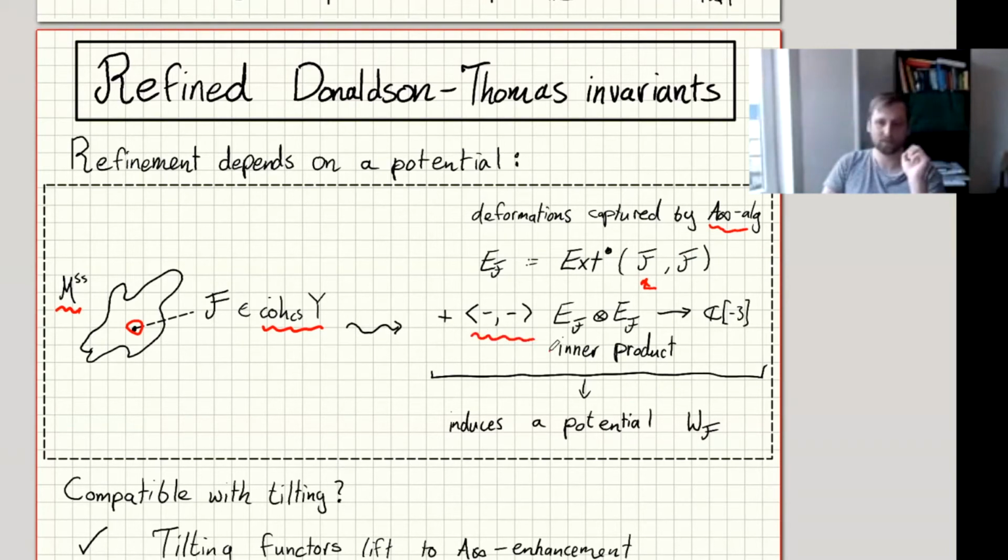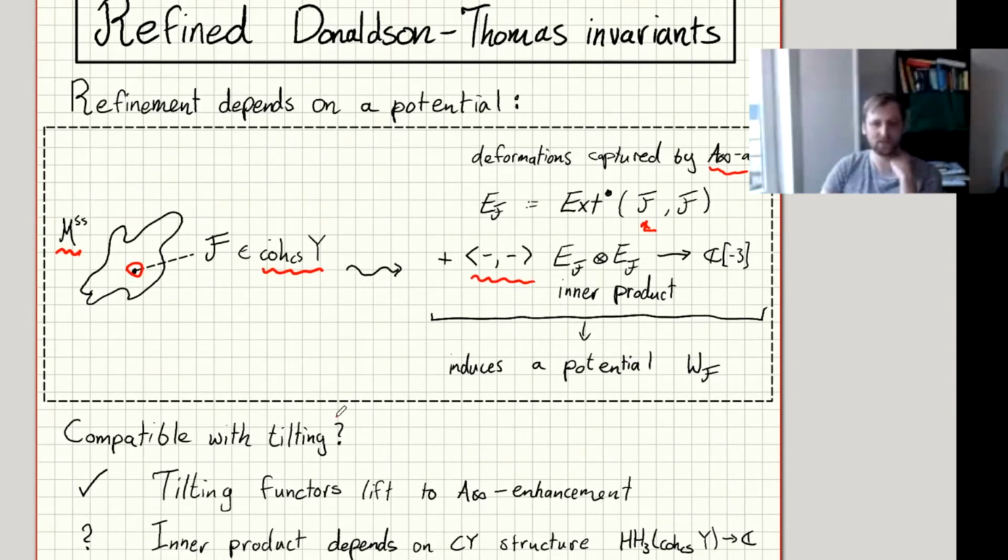But there's also the second part, which is this inner product. So this Calabi-Yau type structure, and it's not entirely clear that this is preserved. So it turns out that the thing to track, to check that this is all compatible, is something called a Calabi-Yau structure, which is a map from the Hochschild homology of the compactly supported objects into the base field.